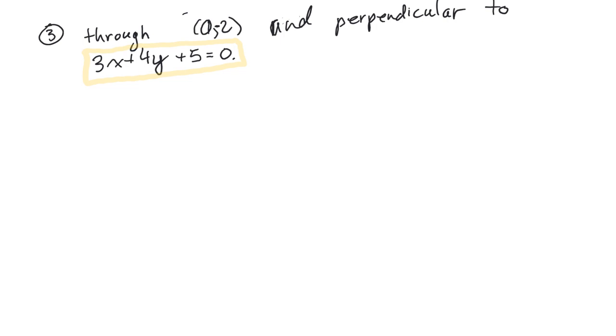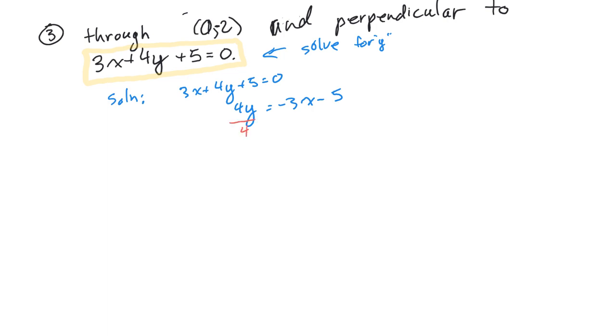What we have to do for our solution is take our original equation and solve for y. So we have 3x plus 4y plus 5 equals 0, so 4y is equal to negative 3x minus 5. And now, in order to solve for y, we have to divide everything by 4.